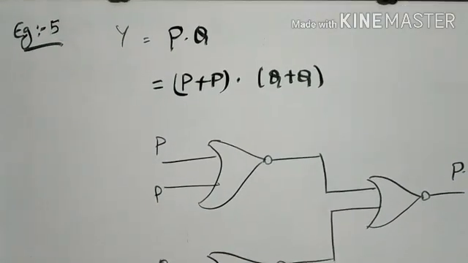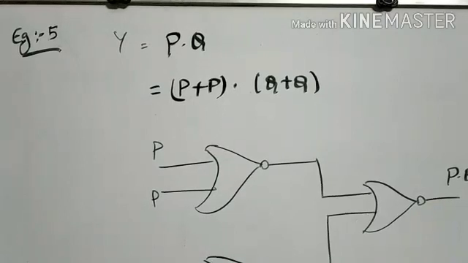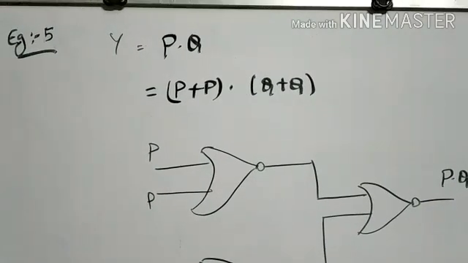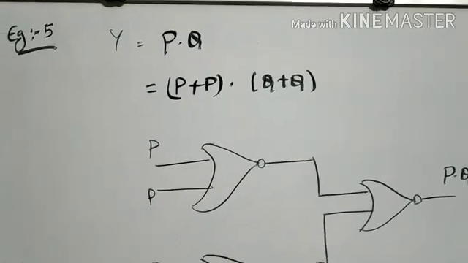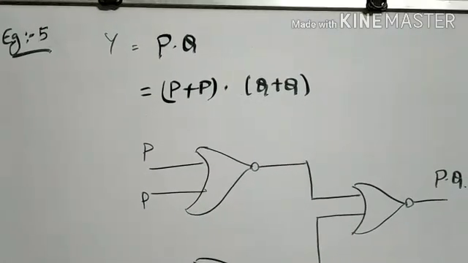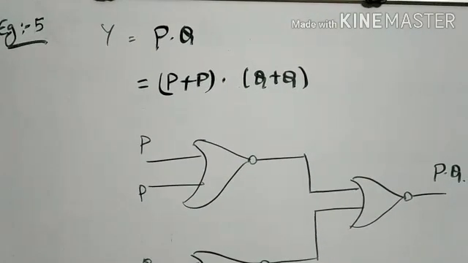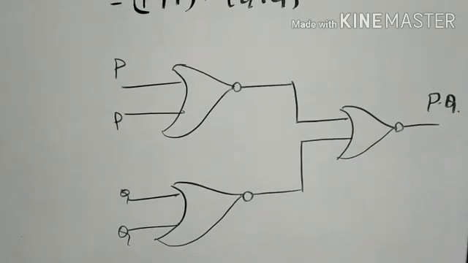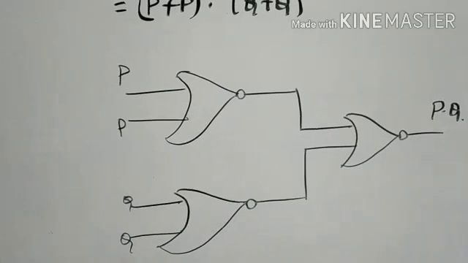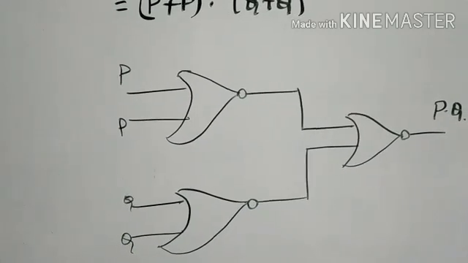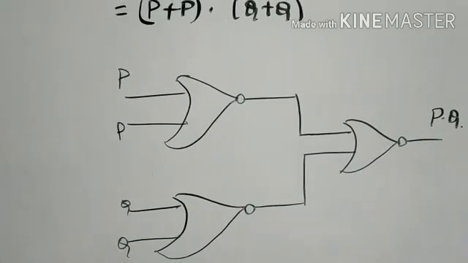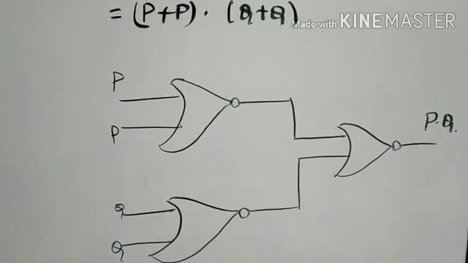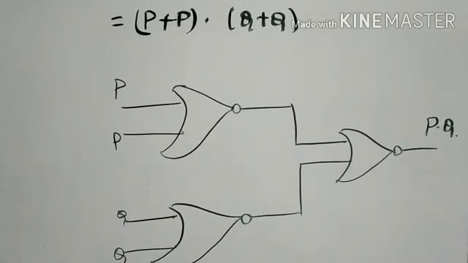Now we have formed one equation, P plus P into Q plus Q. It is in the format of product of sum terms. There were two sum terms and producting out, right? Now we are going to implement this function using NOR gate. So P and P are connected as the input of the first NOR gate. Q and Q are connected to the inputs of the second NOR gate.